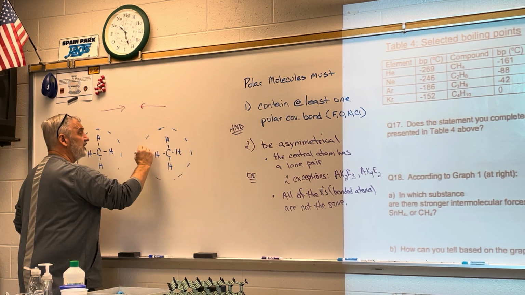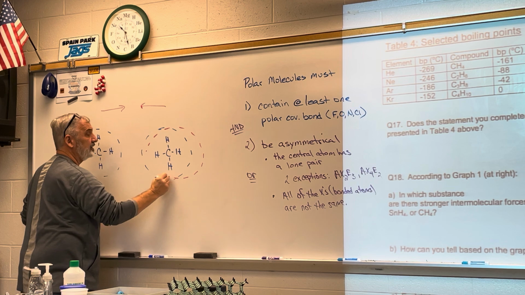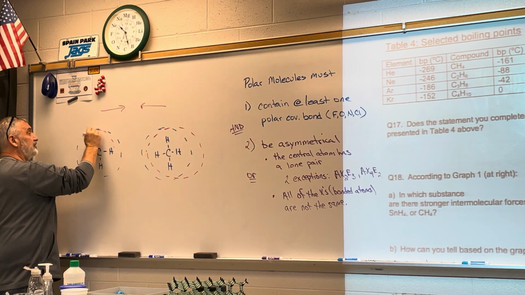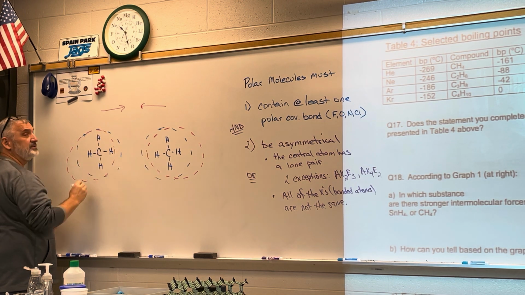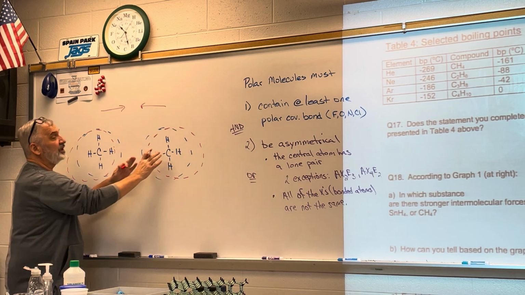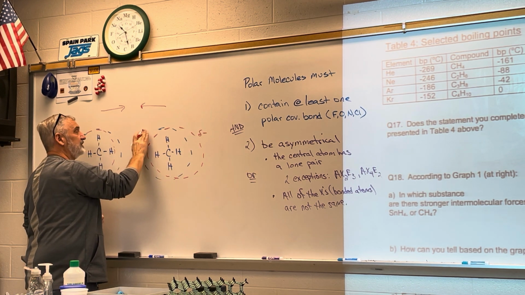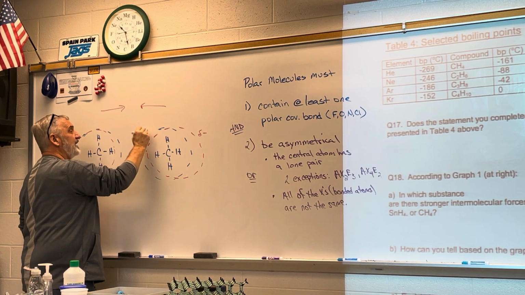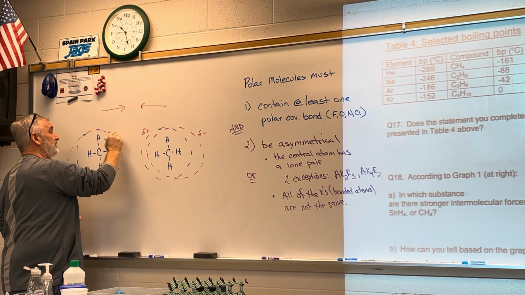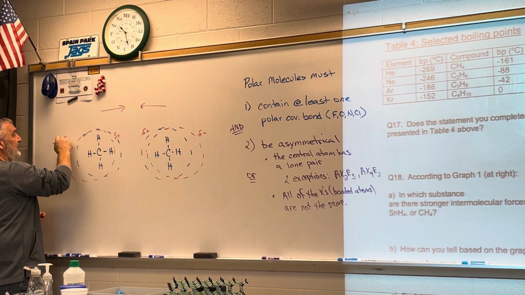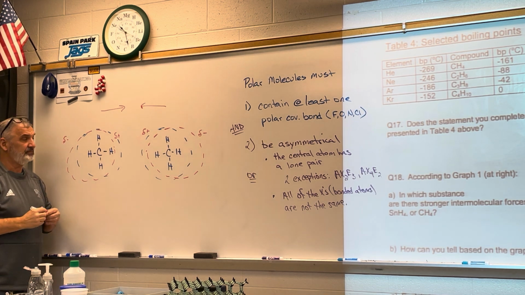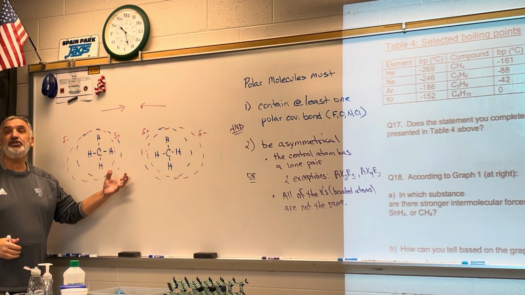It distorts, so now we have an asymmetrical distribution of electrons. There are more electrons on one side, so that side is negative and the other is positive. We've induced a dipole.